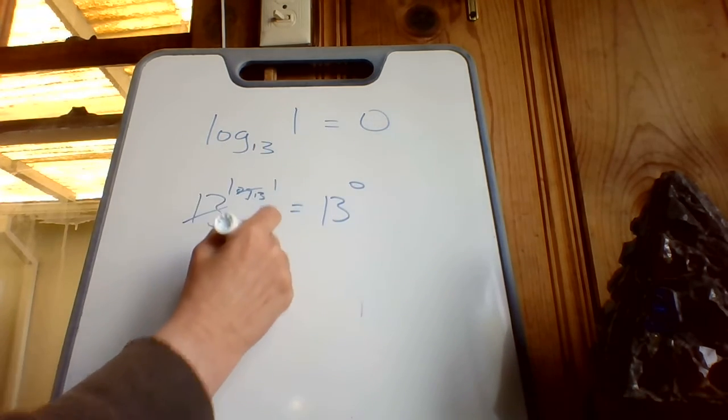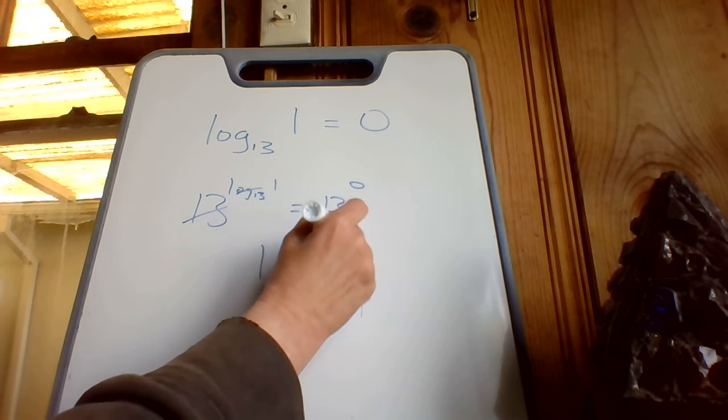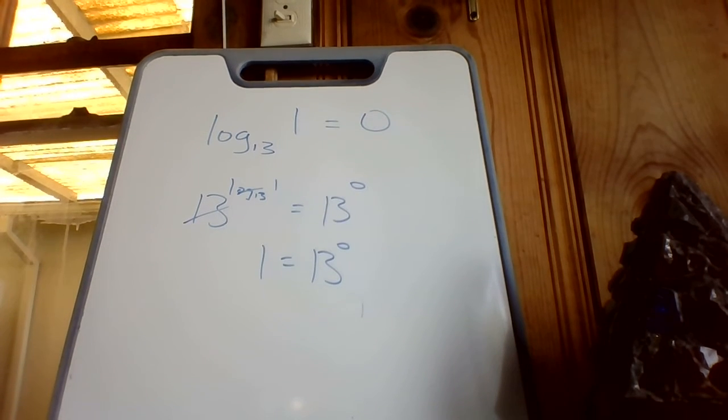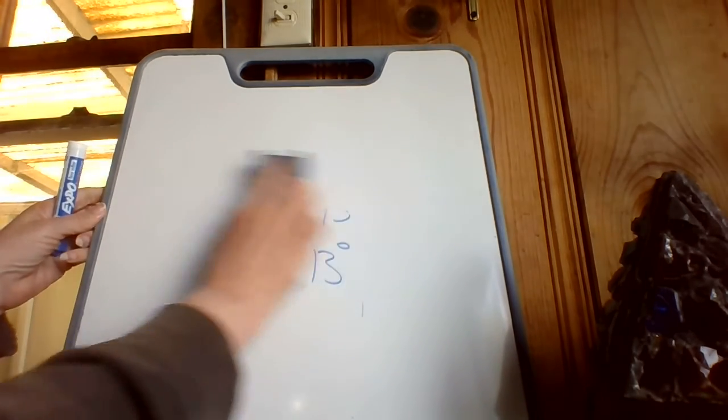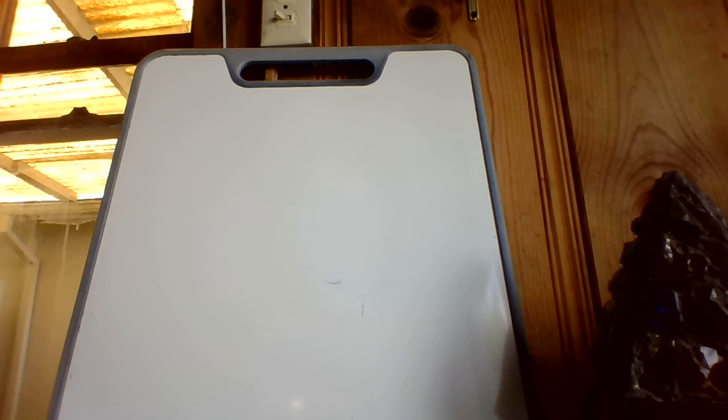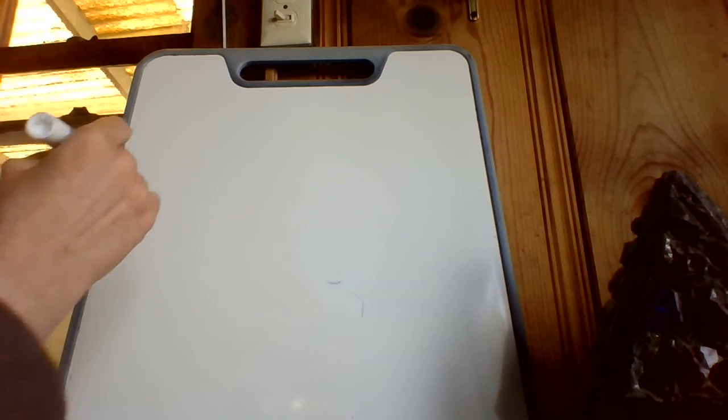And these cancel out, so 1 equals 13 to the 0. That's true as well. Anything to the 0 is 1, so that's got to be true. Now let's do it the other way. Okay, so that was rewriting logs as exponentials. Now let's rewrite some exponentials as logs.